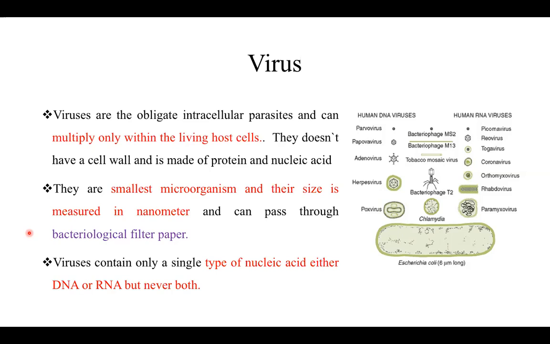Generally, the RNA viruses multiply their progeny in the cytoplasm of the host cells, while the DNA viruses produce and multiply their progeny in the nucleus of the host cells.